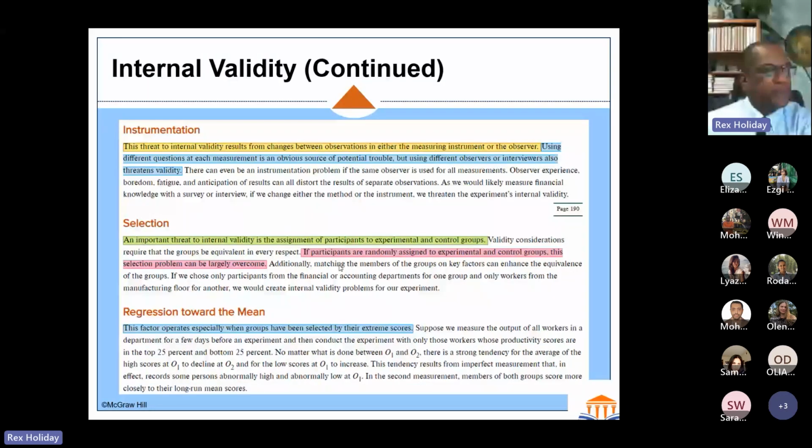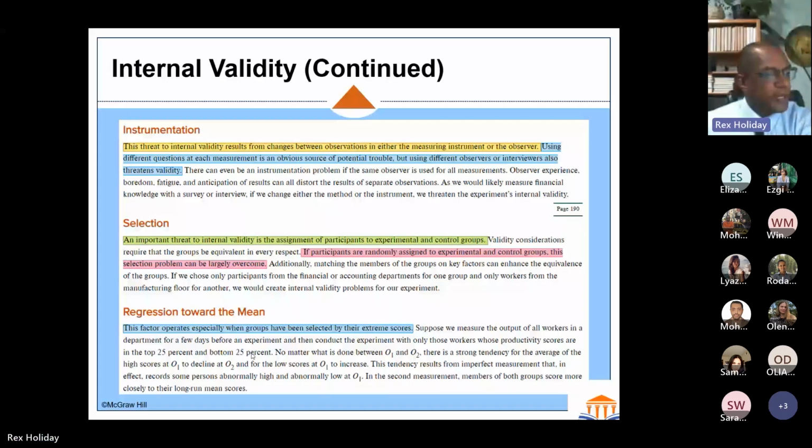So again, regression towards the mean. This factor operates especially when groups have been selected by their extreme scores. Suppose we measure the output of all workers in a department for a few days before an experiment, and then conduct an experiment with only those workers whose productivity scores are in the top 25% and the bottom 25%.